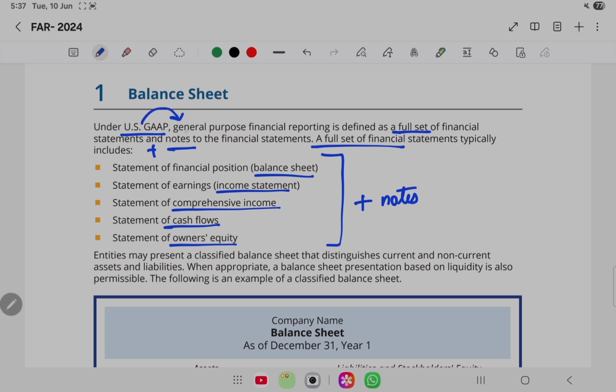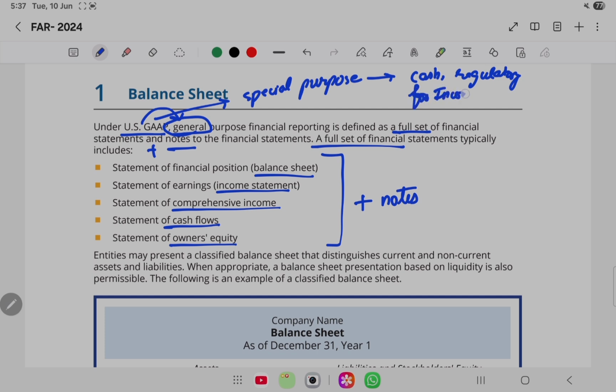In US GAAP, it is not only the general purpose; there is also a special purpose framework. In a special purpose framework, the financial statements are based on the cash or the regulatory basis, or for income tax purposes, or on a contractual basis.